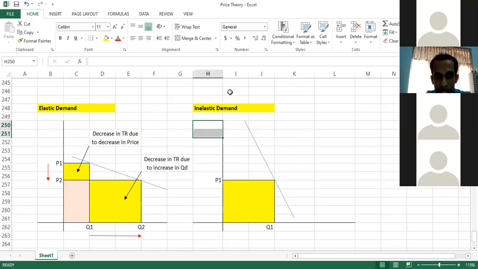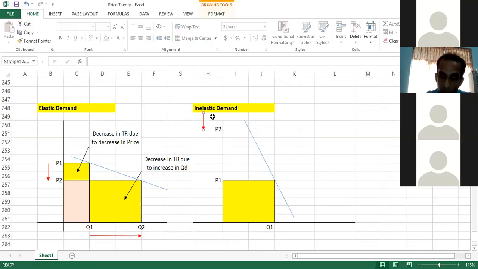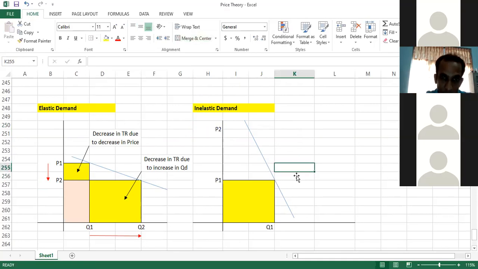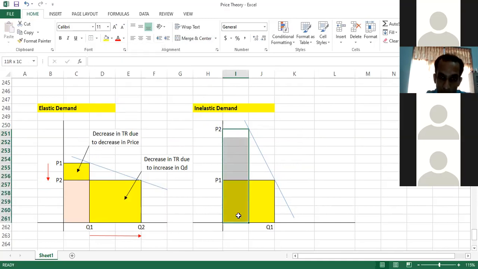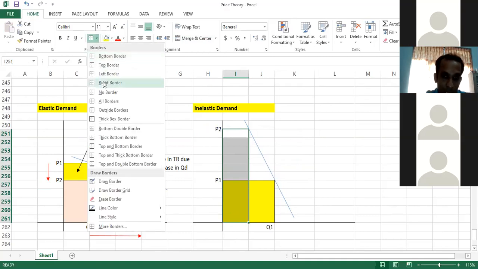The same strategy we applied for the other product, we can't apply here. Therefore, in this case, in order to increase revenue, the price should be increased. When the price increases, there is no huge decline in the quantity demanded. The decrease in the quantity demanded is less than proportionate.